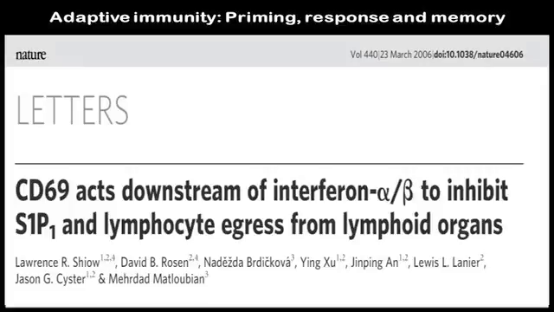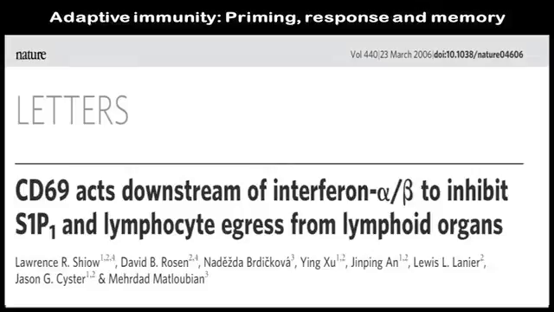So it turns out that a molecule called CD69, a surface activation indicator, is turned on by interferon beta, and CD69 acts in a sense like fingolimod.